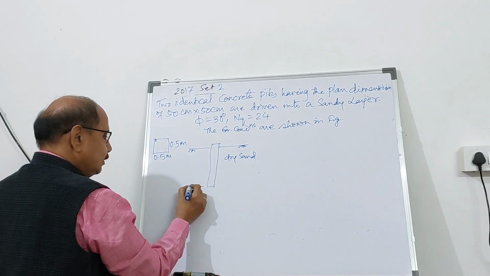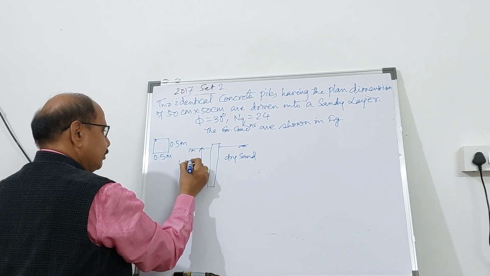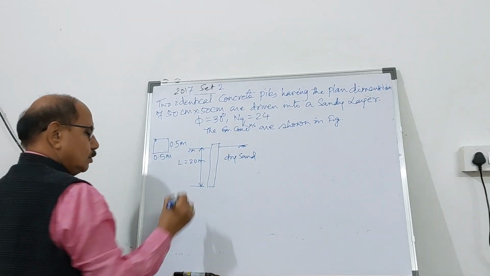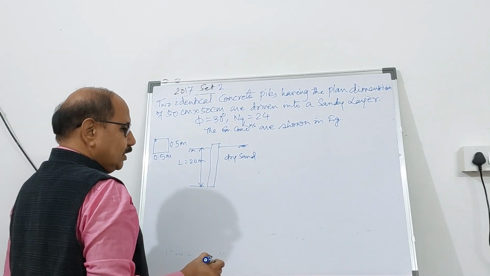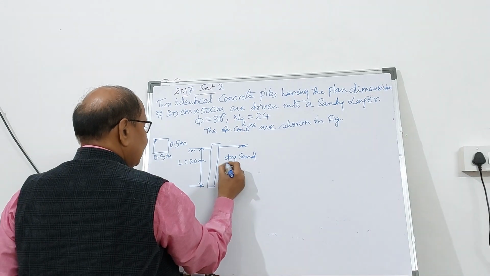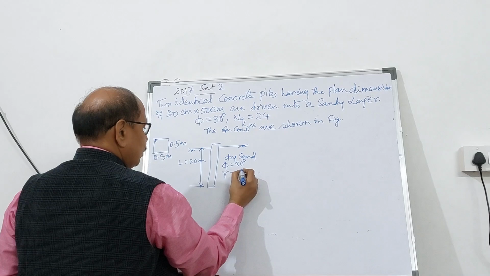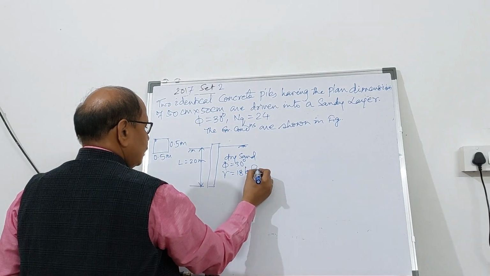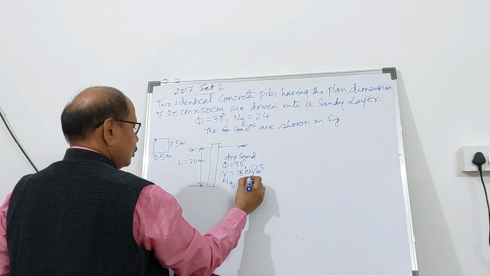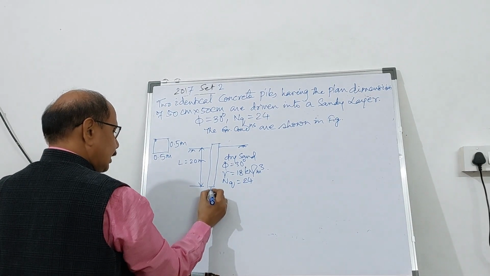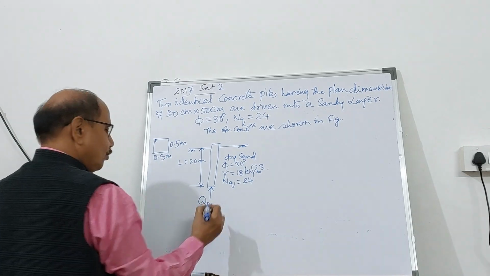The length of the pile L is equal to 20 meter, and that's given. The properties of the dry sand are phi 30 degree and gamma equal to 18 kilonewton per cubic meter, NQ equal to 24, and this is the point load QP1.